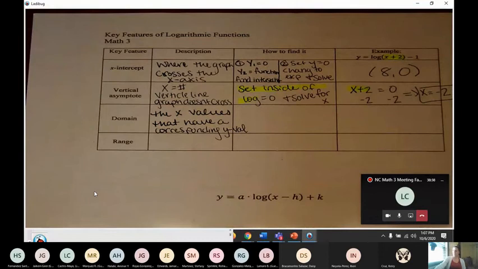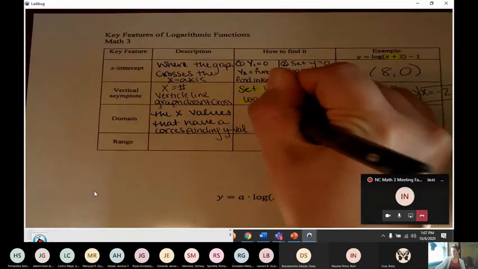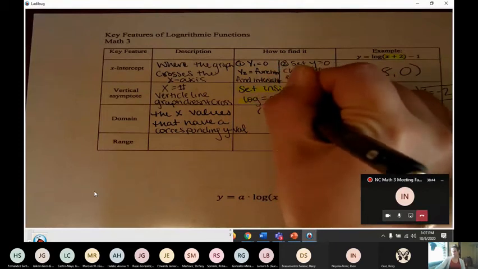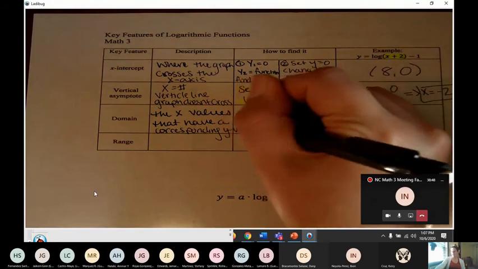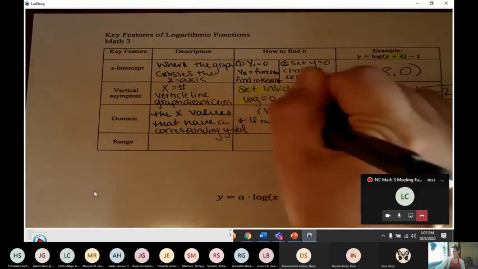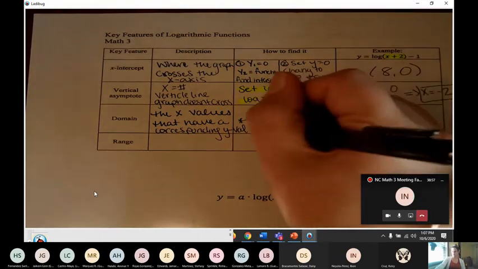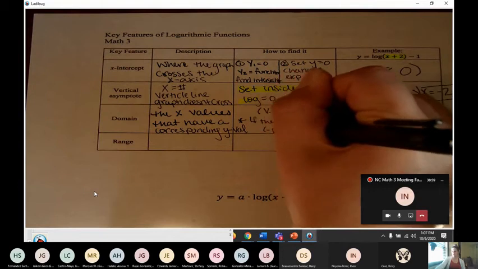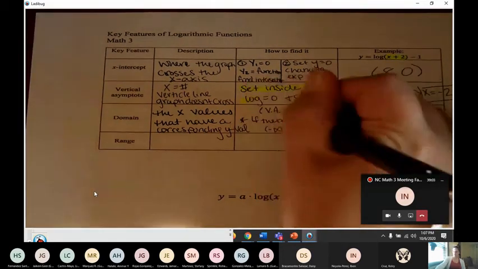We find it will either be the vertical asymptote to infinity, or if there is a negative in front of it, then it's going to be from -infinity to our vertical asymptote.